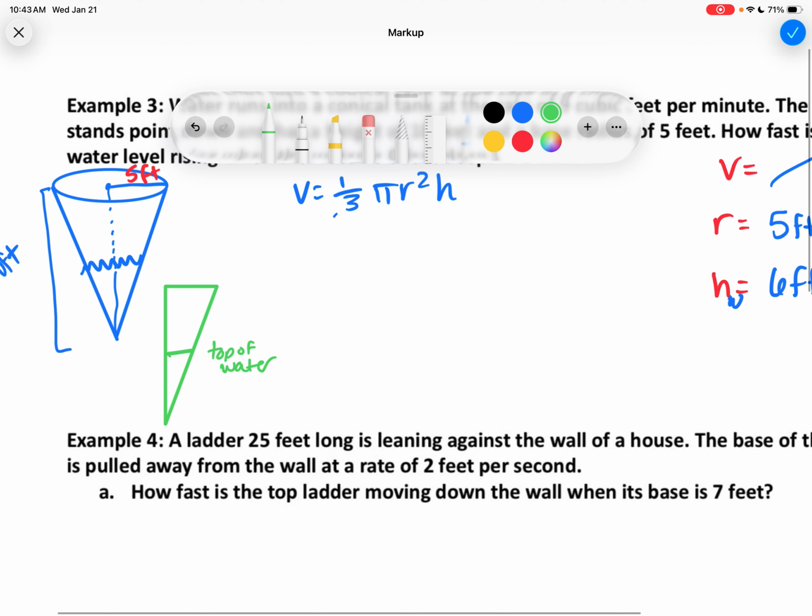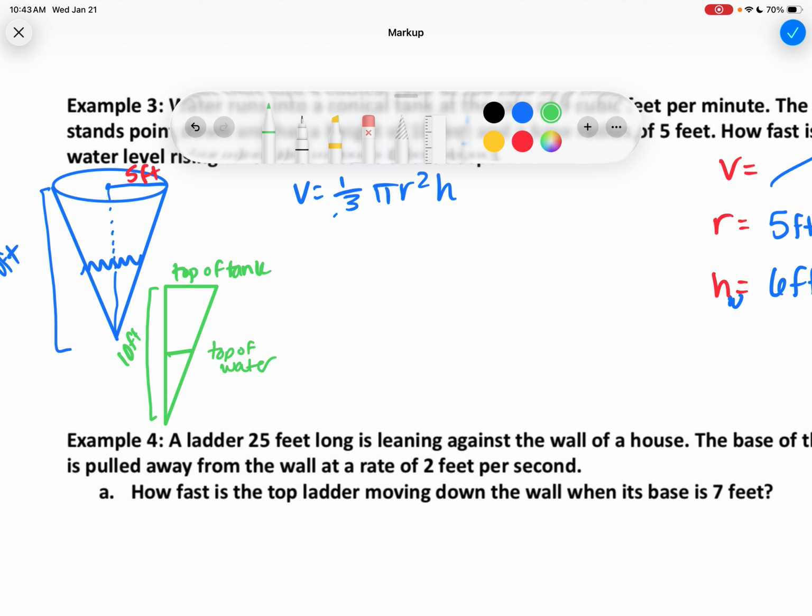And then this is, obviously, the top of the tank here. This whole thing is the height. Well, let me say this: the whole thing is 10.